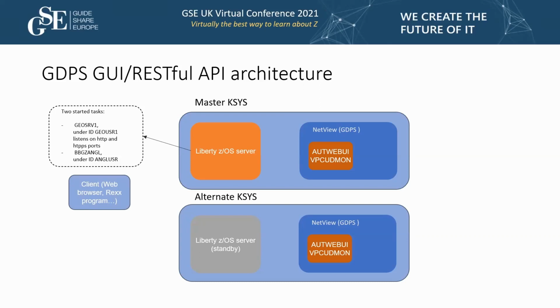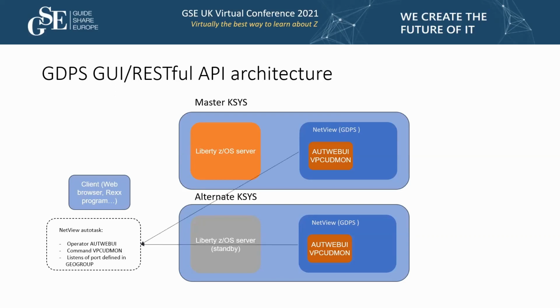So there is another started task that is called the angel process, and this started task is required to allow the first started task, the GeoServer 1, to issue authorized commands such as authenticating users with SAF. We'll see a bit later in this presentation that some SAF customization is required to set up this started task.